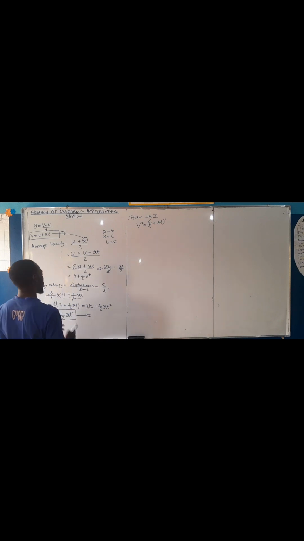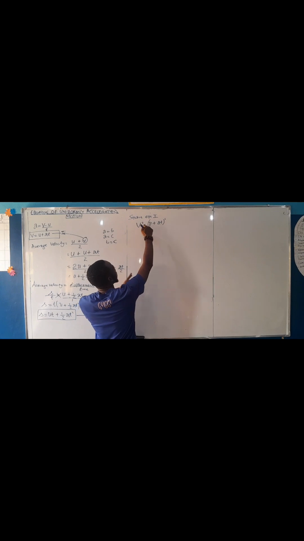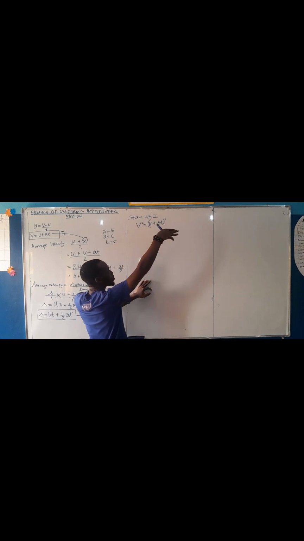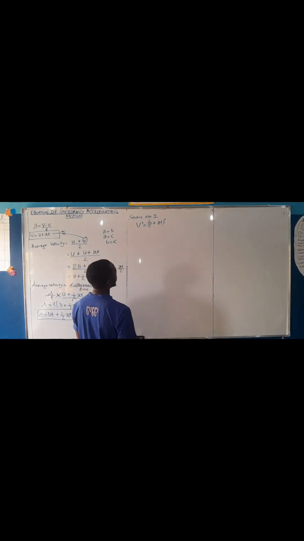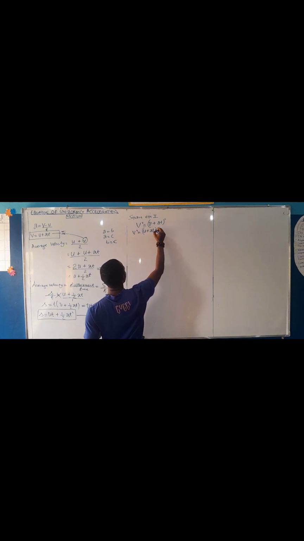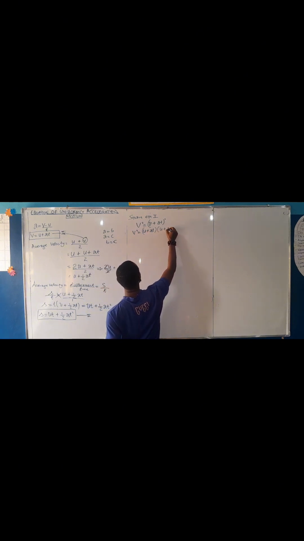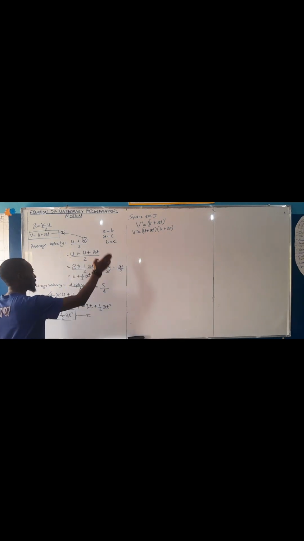And that was the same thing I was explaining here. So what you're going to have is v squared equals brackets u plus at all squared. So now let's find this. This will give me v squared equals (u plus at) times (u plus at). Please, it is like this.